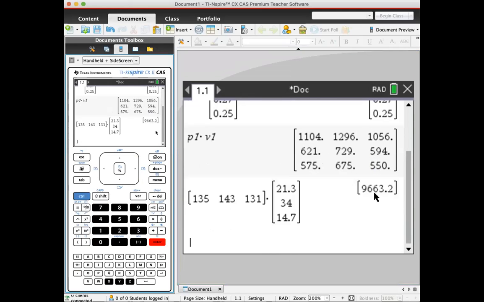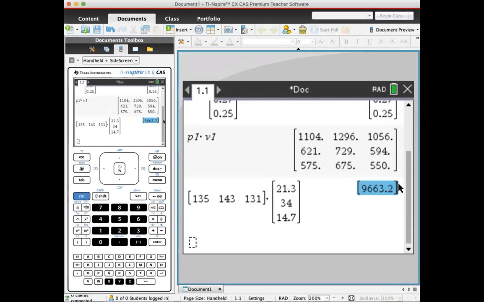Control Enter. Exactly the same thing. They don't show you the 0 behind the 2 because 0.20 is the same thing as 0.2, okay?